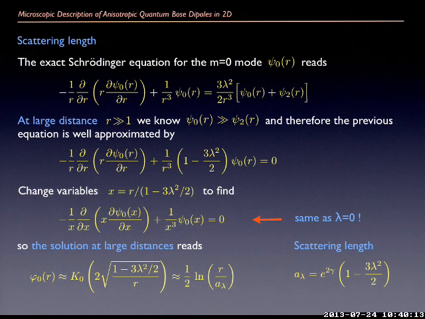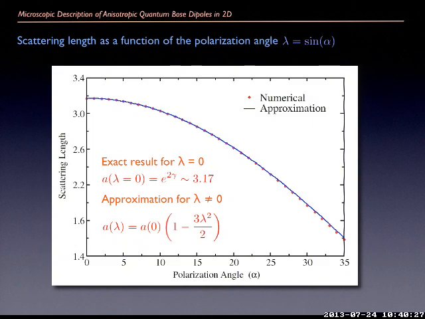Of course, this is not an exact expression, in the sense that we have been truncating the equation itself, but it could provide a good insight on how the scattering length varies. And we have it here. What we plot here is this blue line, which corresponds to this approximate expression for the scattering length, compared to a numerical solution of the Schrödinger equation, which gives the numerically exact scattering length.